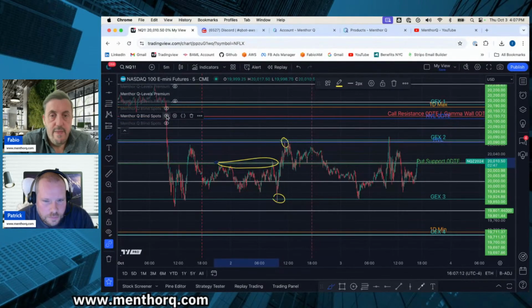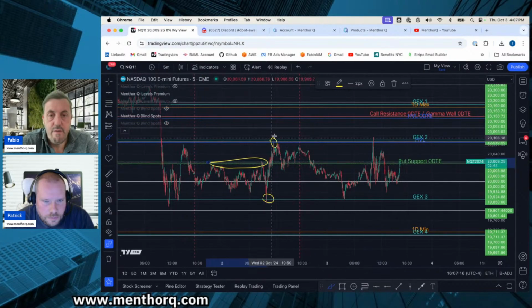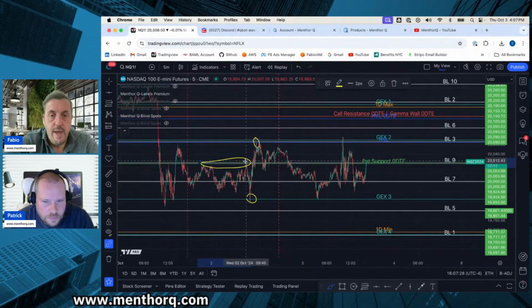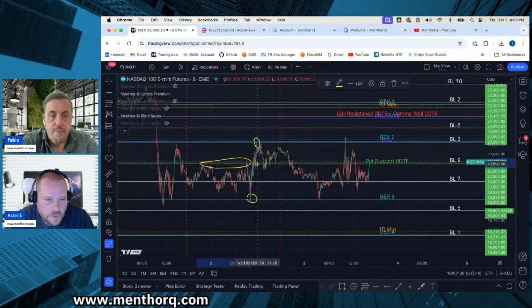If we then add the blind spots, another way of confirming, there's a big cluster of levels right here. We have our blind spot 5 down here, and then we also have our blind spot 9 right here.